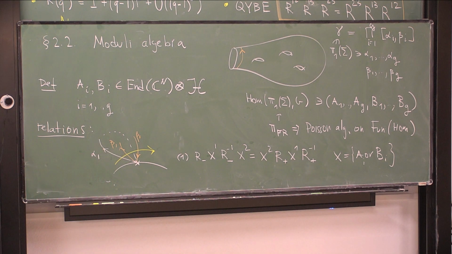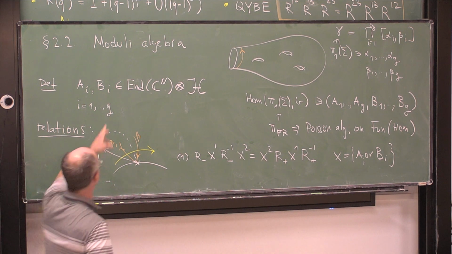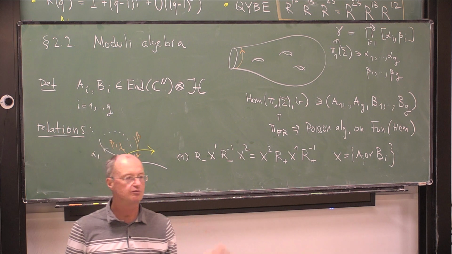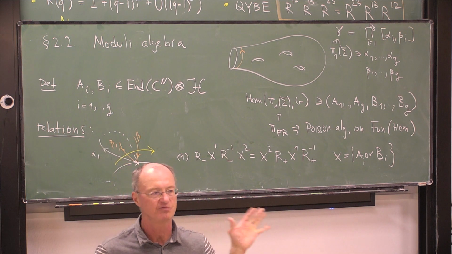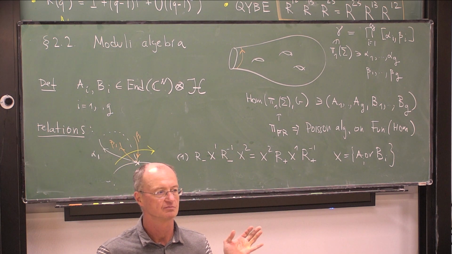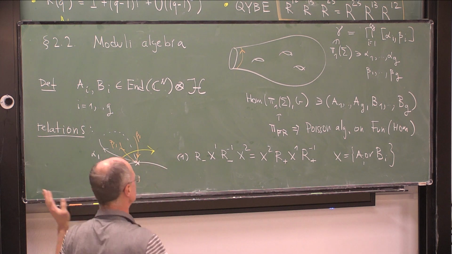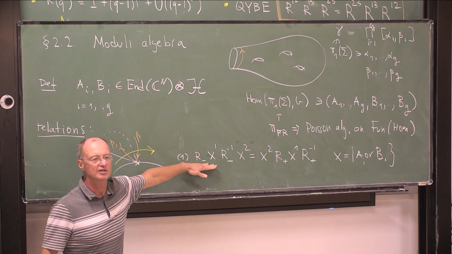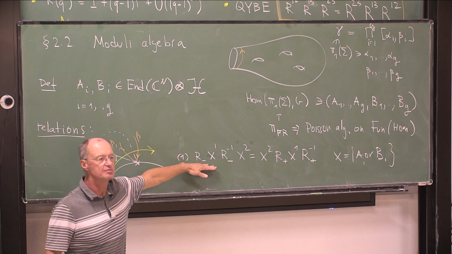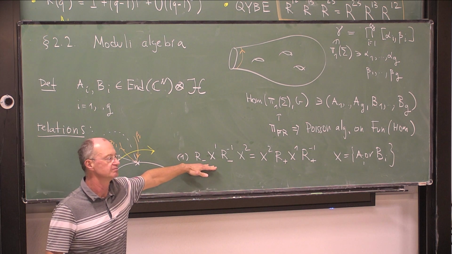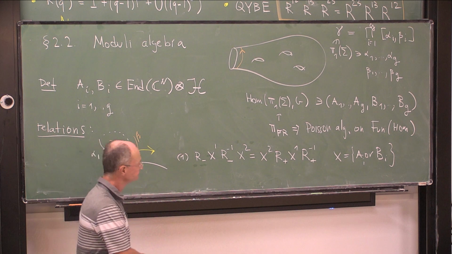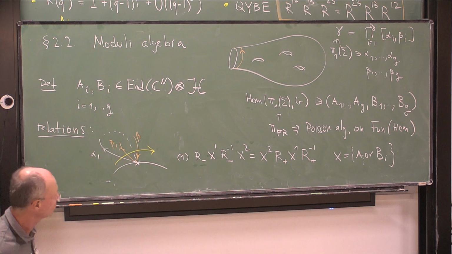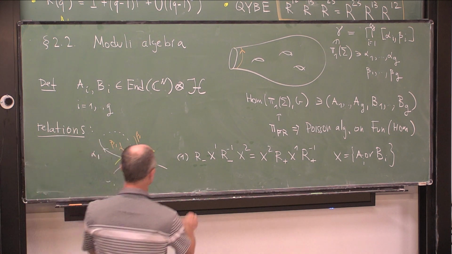So any of those matrices generates for you a copy of a quantum group in the first approximation, which is nice. You don't need to look at this horrible formula, but this means you have a copy of U_q(g). Okay, now the second relation.